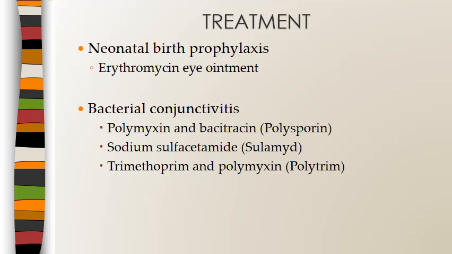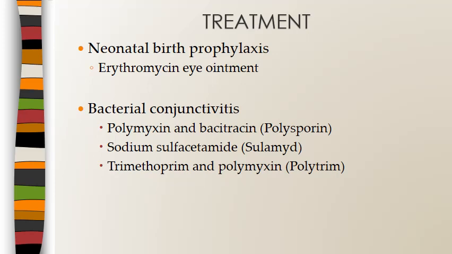Treatment of conjunctivitis depends upon the age of the baby. You will learn in your OB class that all newborns receive neonatal birth prophylaxis with either erythromycin eye ointment or gentamicin eye ointment, and this is to prophylactically treat and prevent the spread of chlamydial infections to their eye.